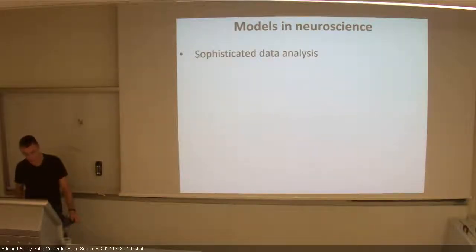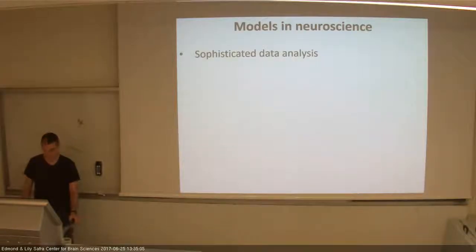So by introducing models, we also introduce more sophisticated ways of looking at our experimental data. That's just another measure. Rather than looking at, I don't know, the average, we also look at other things. So this is one thing that we gain from modeling.